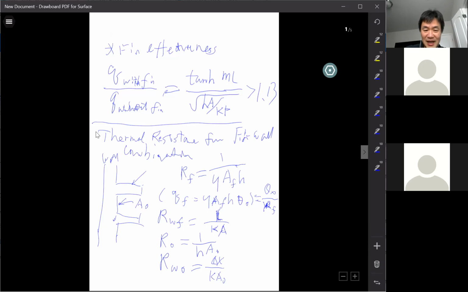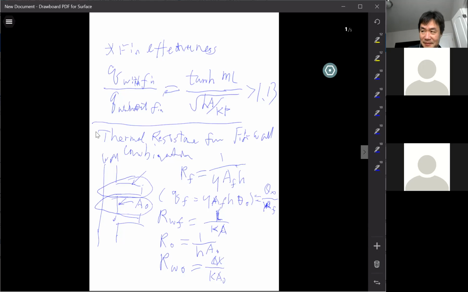They're together, not going one to the other. One component is the fin, one component is the wall. So inside each item, inside the fin, you have two items, R wall F and RF, in series, and this is in parallel with R naught and R wall naught.